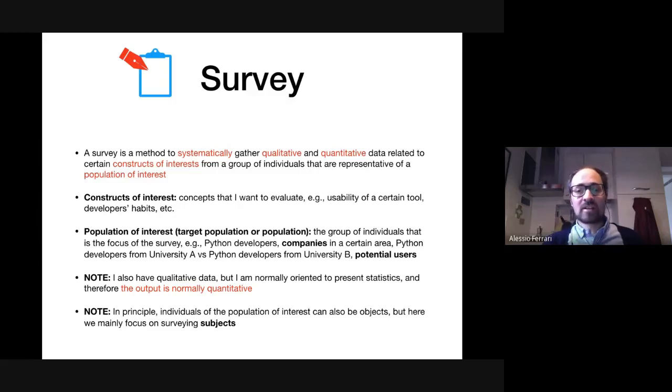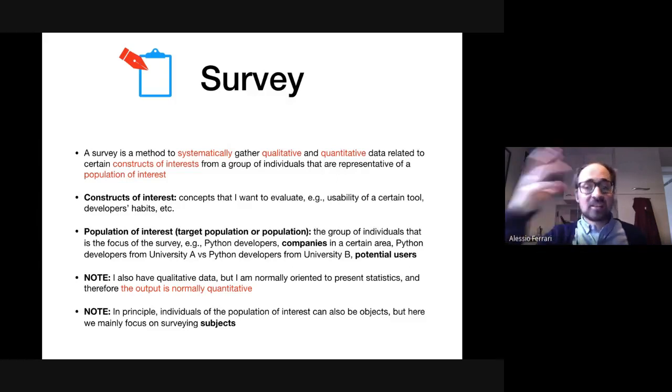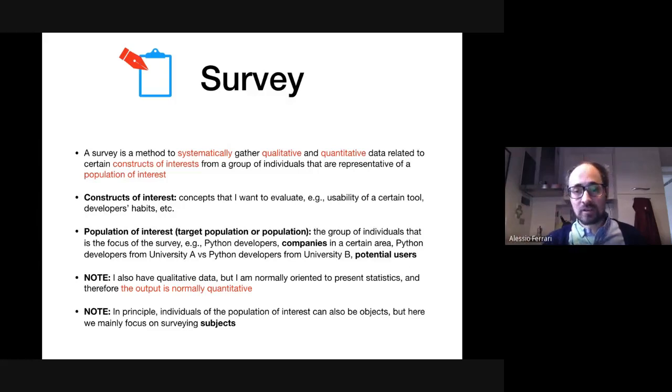Constructs, we already know what they are. We've already studied. So also survey starts from the idea of passing from a theory, translating it into constructs, and trying to understand what is going on in a certain population of interest.